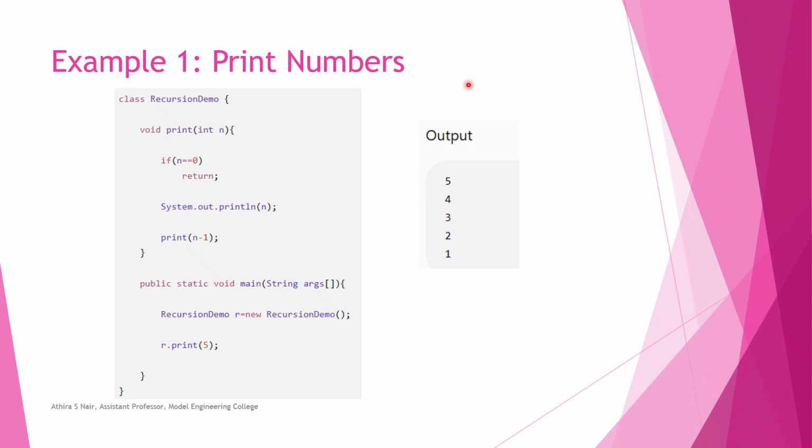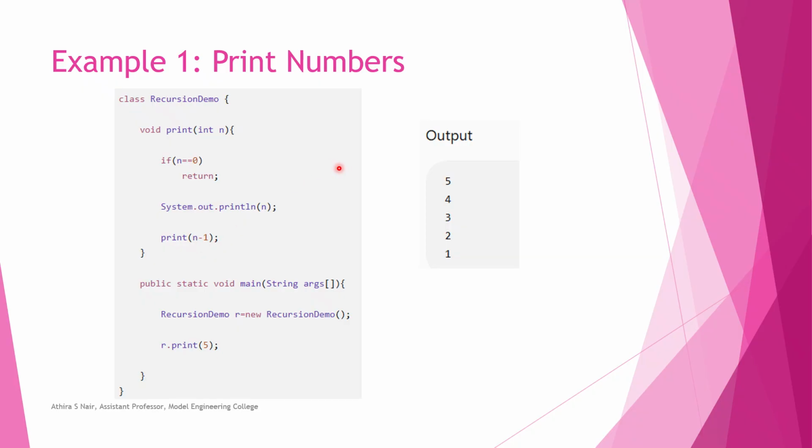Let's see an example to print numbers. Let's execute this manually. We call print(5). Since 5 is not 0, it prints 5, and then it calls print(n - 1), which is print(4).